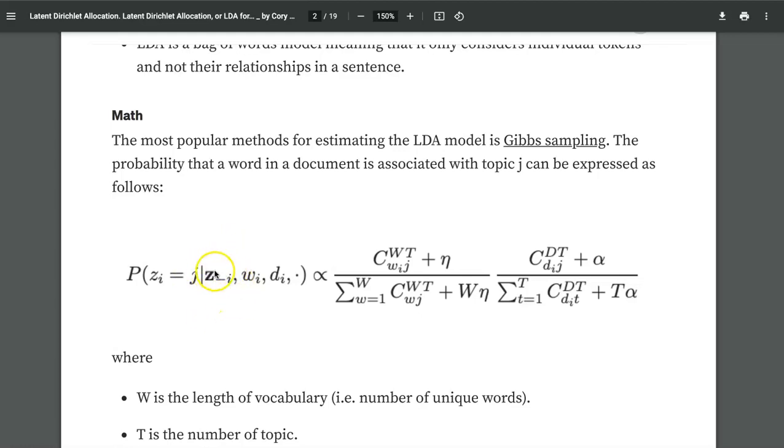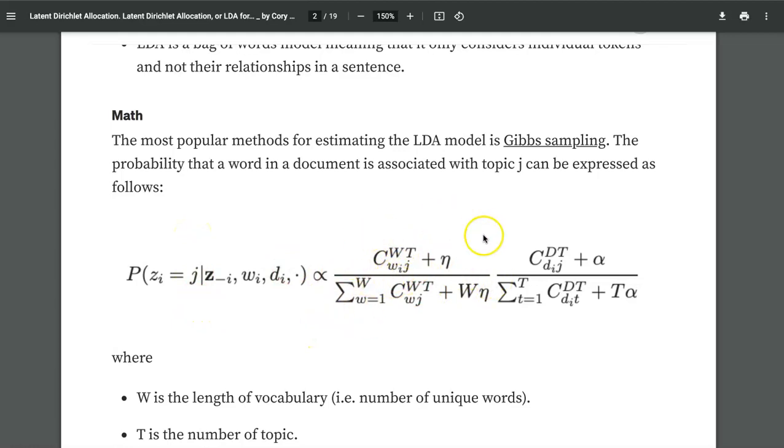So Z minus i is that known assignment, and W i is the word, and you know the count for each class and all these things. All of this is already known, but now you want to predict the class for a particular word in a document. Suppose in document 1, what is the probability of a word W for some class, maybe topic class 1? Then you can use this formula.